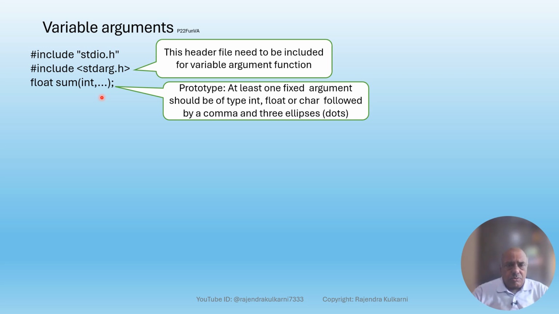These dots are also called ellipses. So the prototype is a bit different from what we have been using up till now. One fixed argument is a must even for a variable argument function, and these 3 dots tell the compiler that the function is going to receive variable arguments in its call.